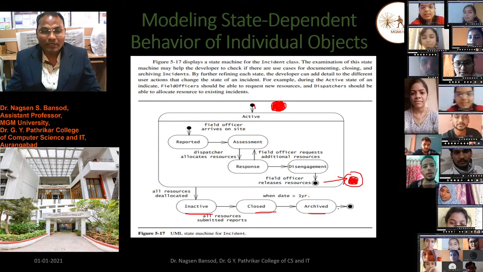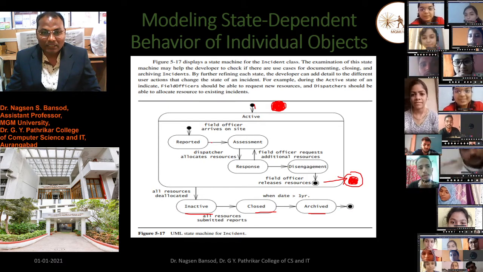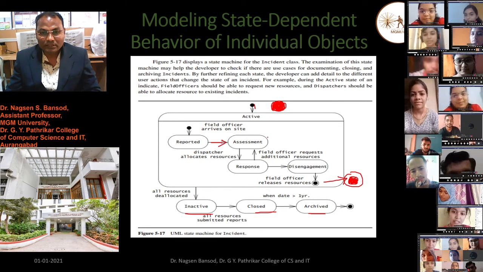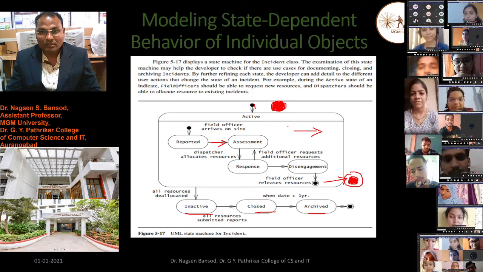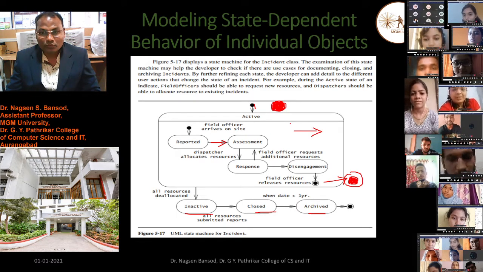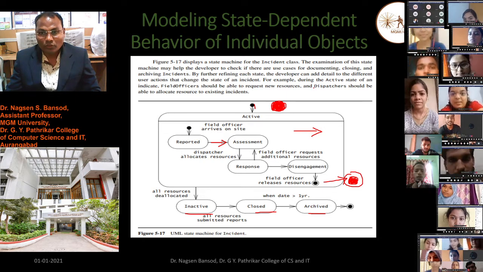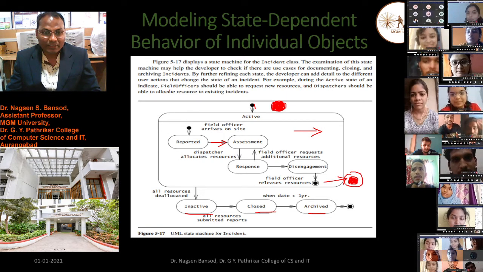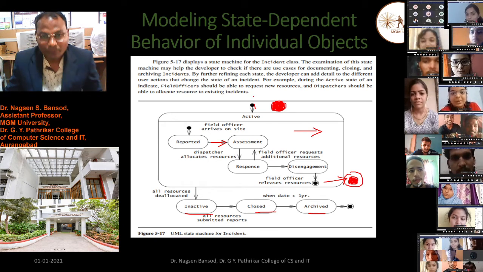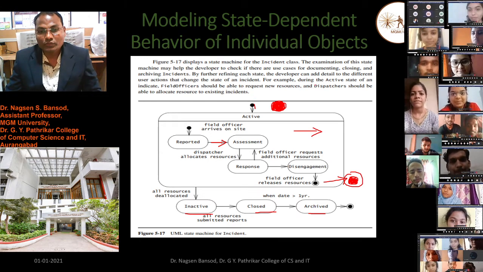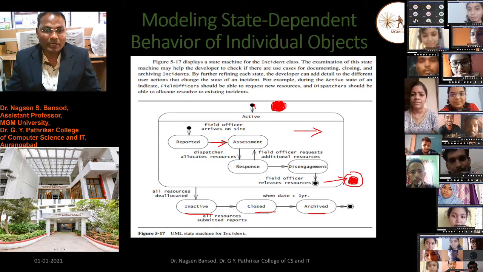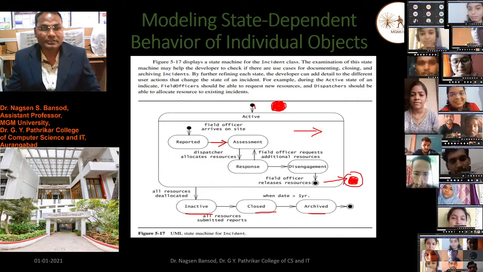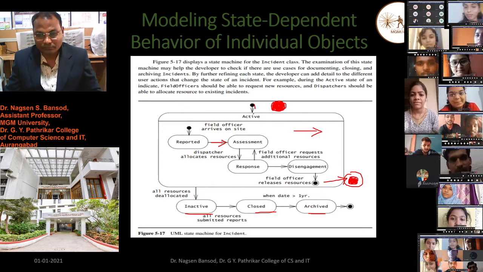These arrows indicate the direction of the flow. For example, during the active state of an incident, the field officer should be able to request new resources and the dispatcher should be able to allocate resources to an existing incident.